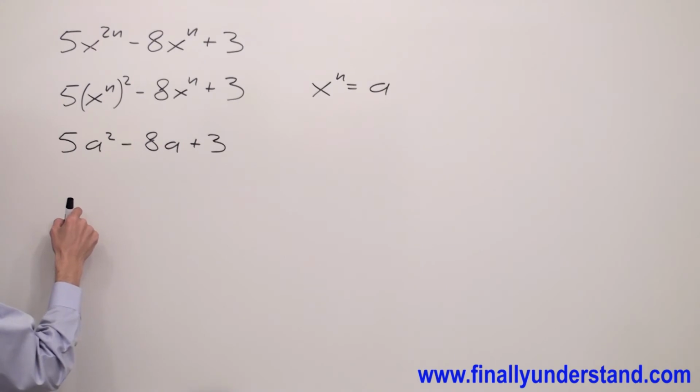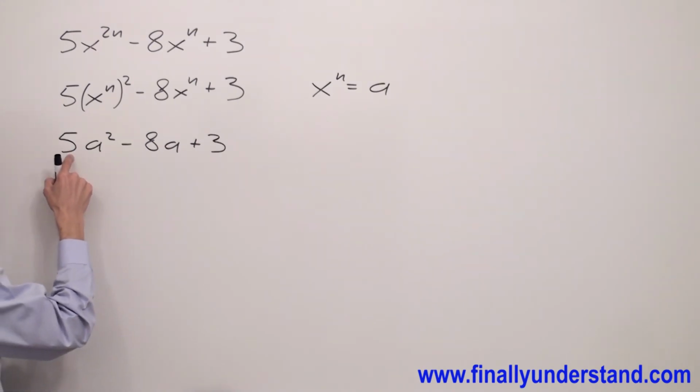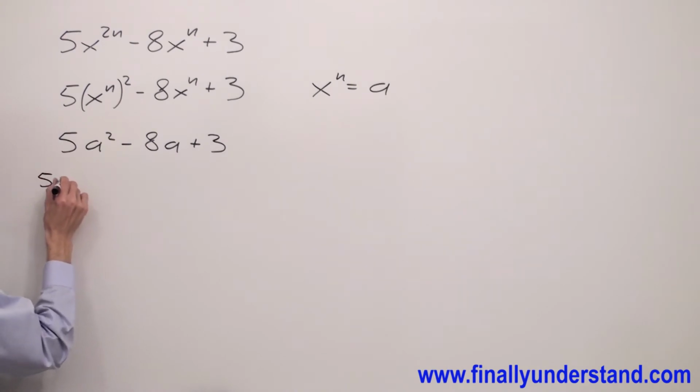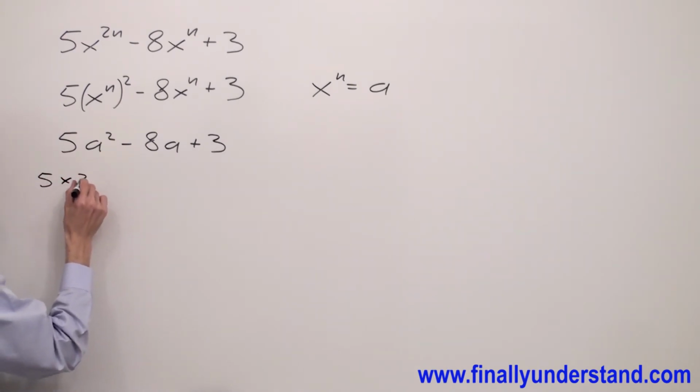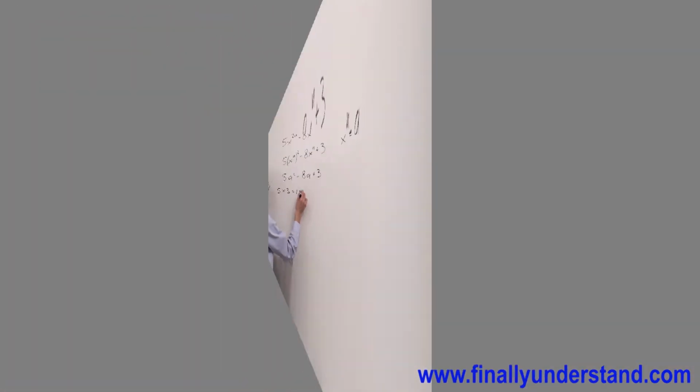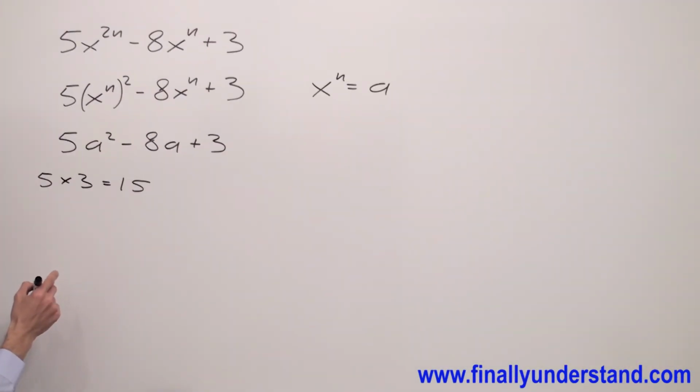What we're supposed to do first, we have to multiply the leading coefficient by the third term. 5 times 3 is equal to 15. Next, I'm supposed to ask myself what two numbers multiplied by each other are going to give me 15 and add to each other are going to give me negative 8.